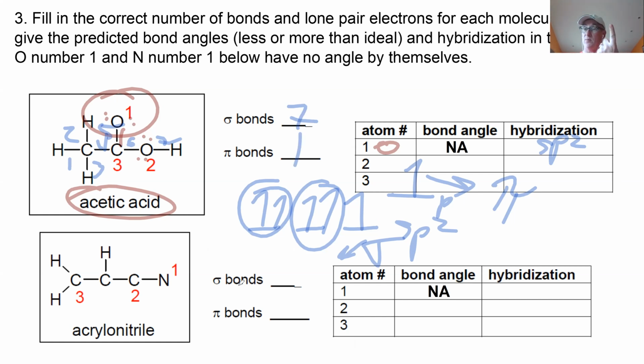If there's only 1 double bond, there's only 1 pi bond. So for every double bond, there's a pi. For every triple bond, there's 2 more pi's. But they all have a sigma bond. So you count every bond, no matter whether it's single, double or triple. You count all of them. That gives you the number of sigma bonds. Then you go back and see how many are doubles and how many are triples, and then total those up, okay?